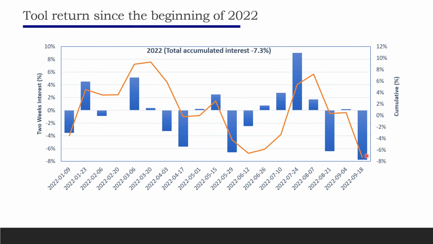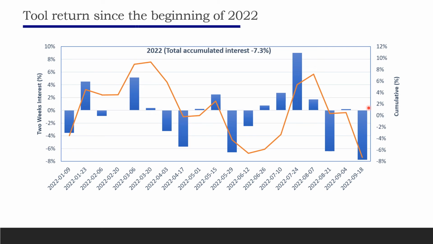Now, if we add this package to the performance and return since the beginning of 2022, this is the return of this package. If we add it to the performance, then the accumulative of this year ends up about -7%, which has been shown on the right axis together with this orange curve.